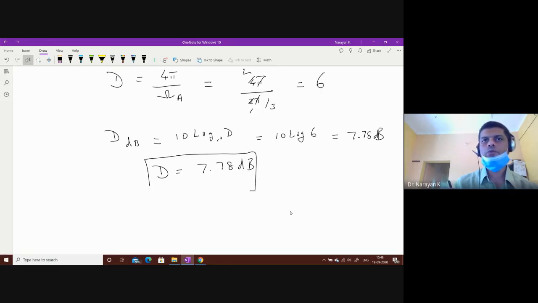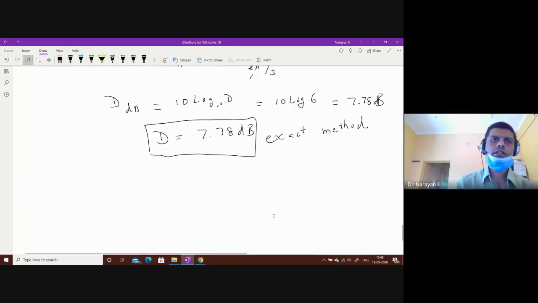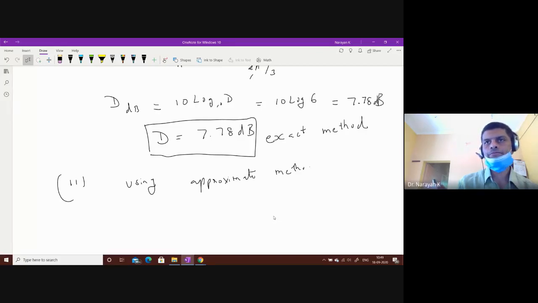This whole thing is using the exact method. Now the second one is using the approximate method.